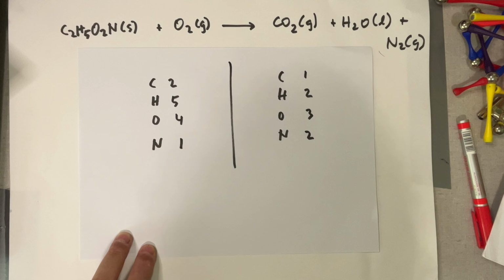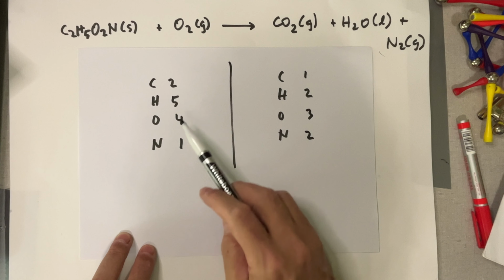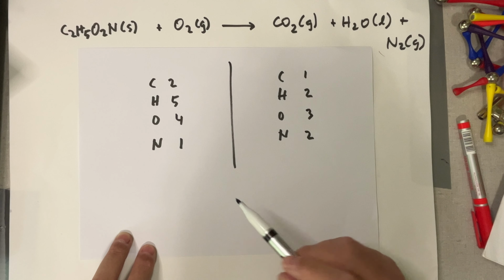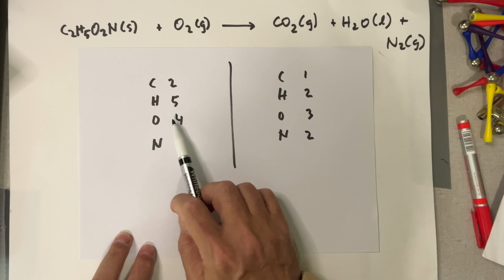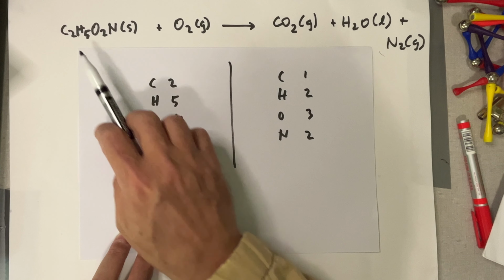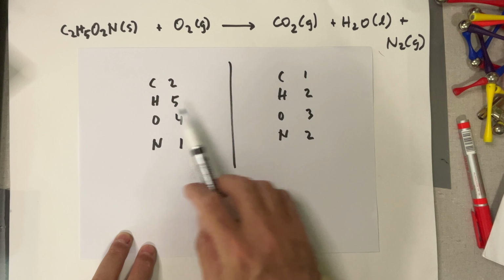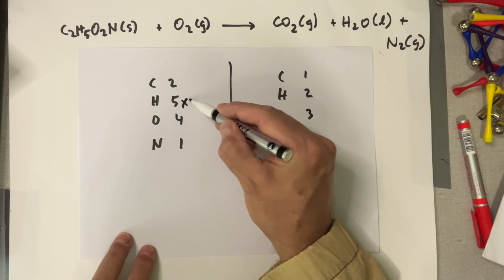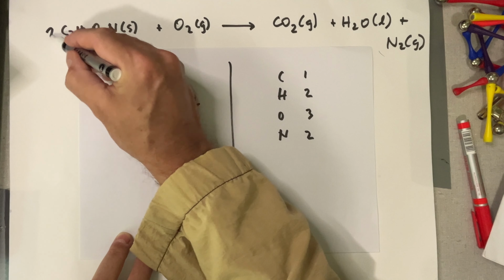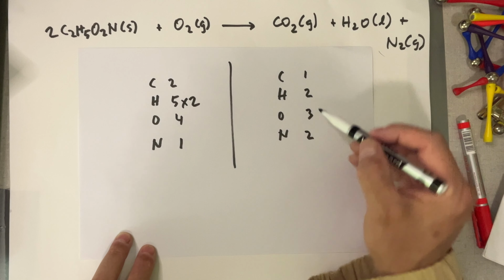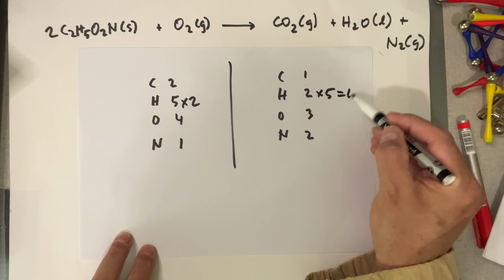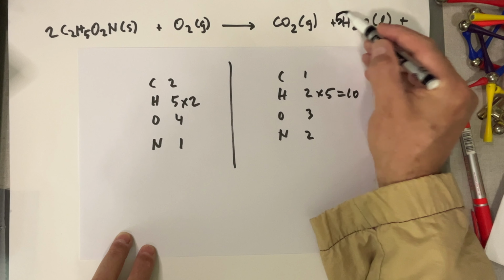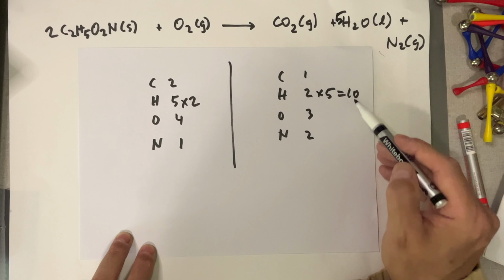So what one can then do is typically look at the highest number, and you can start there. For hydrogen, you have 5 and 2. The only way those two can be made equal is if you multiply this with 2 there, and you multiply this with 5. Sorry, 5 times 2 is 10.